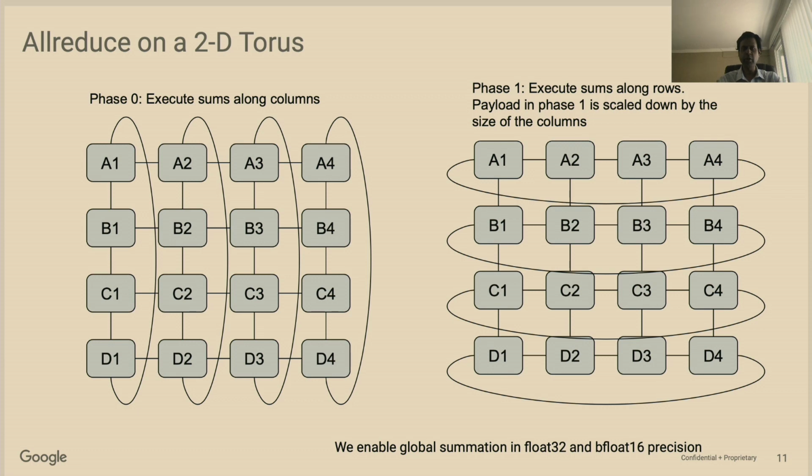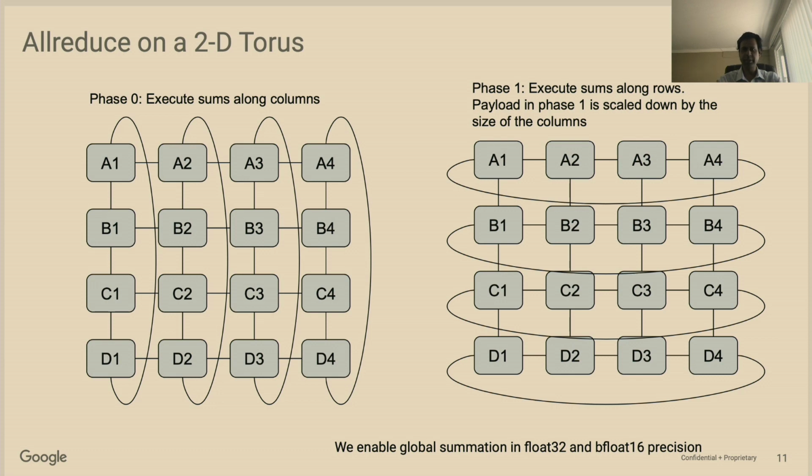To execute all reduce on a 2D torus, we would split it into several ops. The first op would do a reduce scatter along, let's say, the columns. And that would be phase 0. Then in phase 1, the reduced shard from the reduce scatter would be further summed along the x dimension.